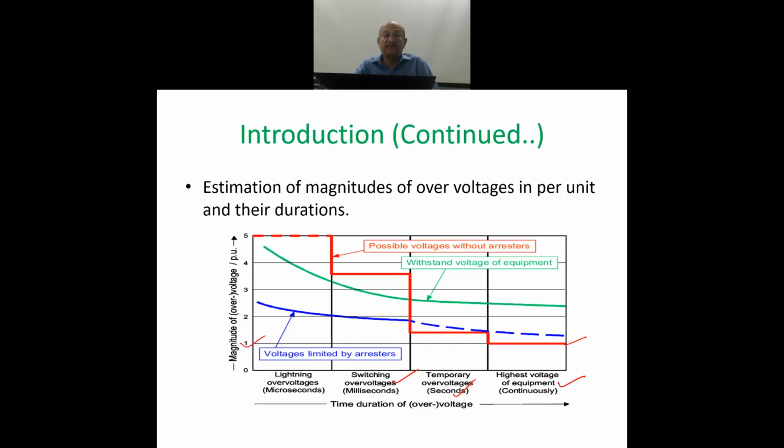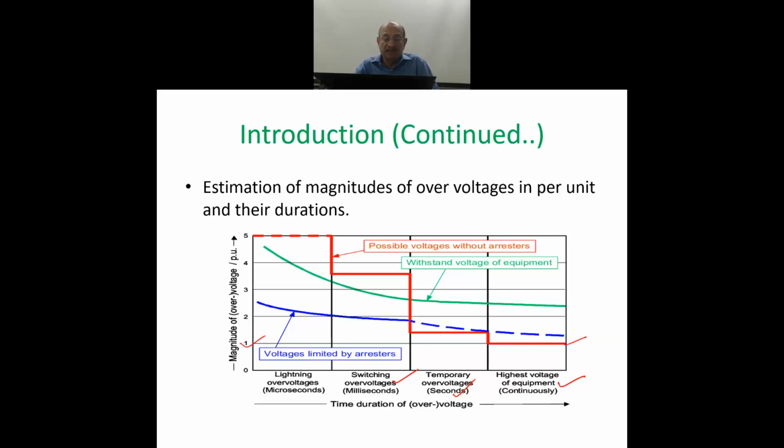Wherever they are developed, they travel throughout the system in the form of an impulse wave of higher voltage, and when it travels in every direction from where it is developed, we call it traveling waves.